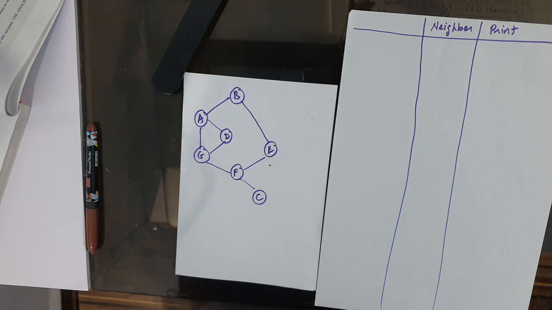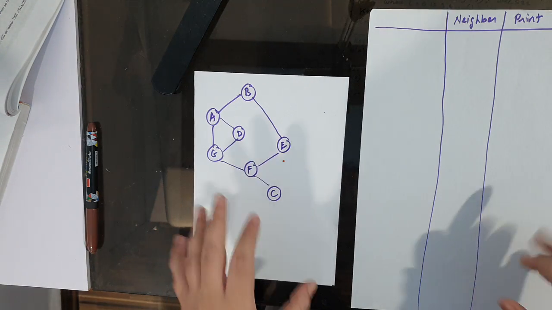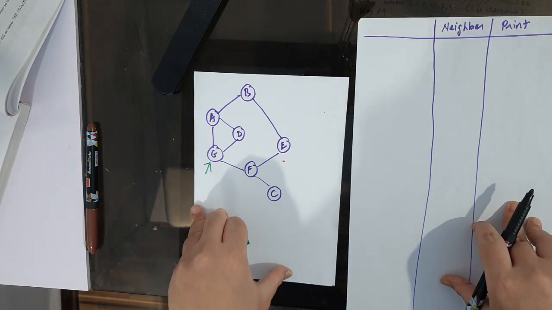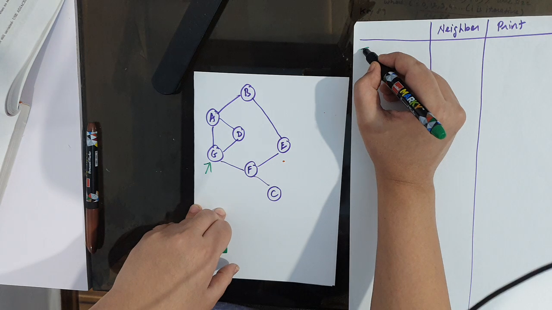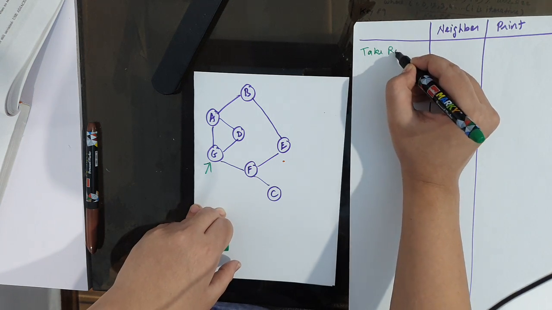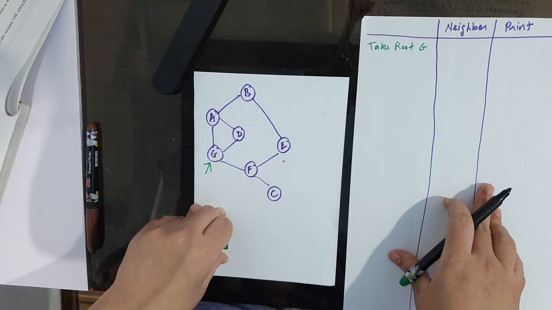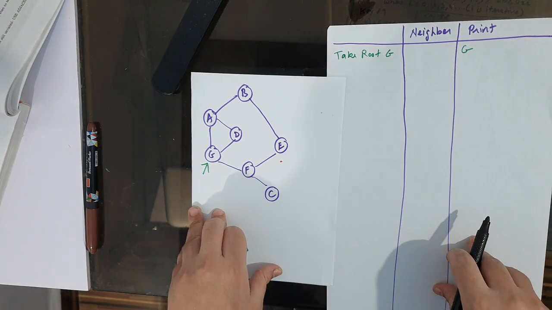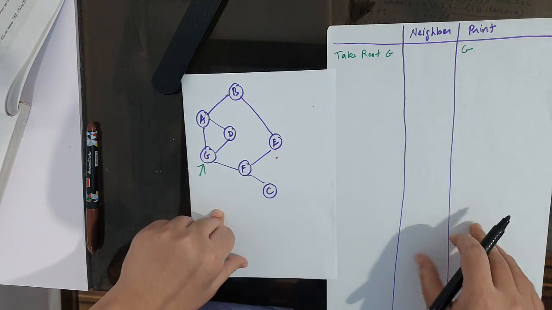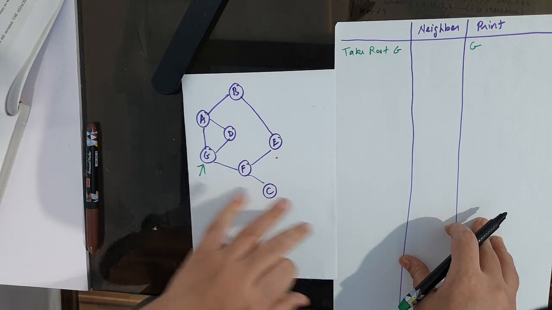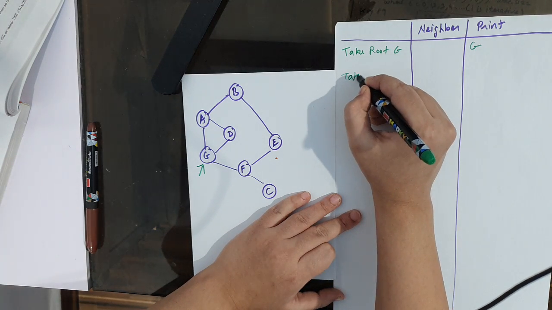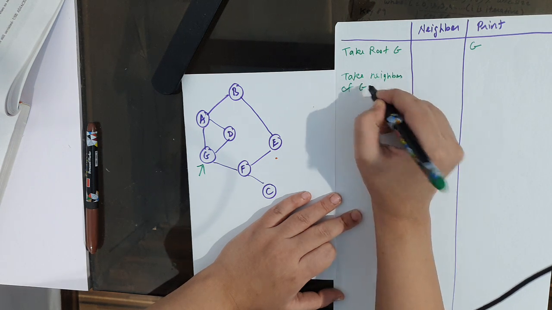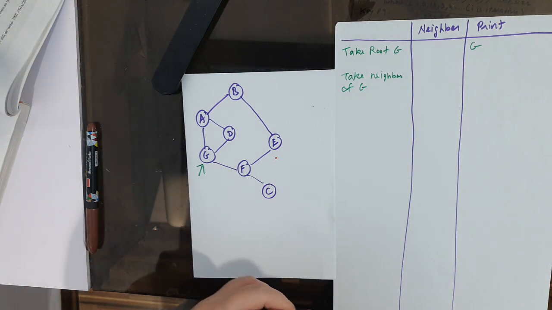We have taken the same graph which we took last time, and our root is going to be G. So the very first step is to take the root, which is nothing but G, and add G to the print list, print G. Once you print G, explore the neighbors of G. Which are the neighbors of G basically?